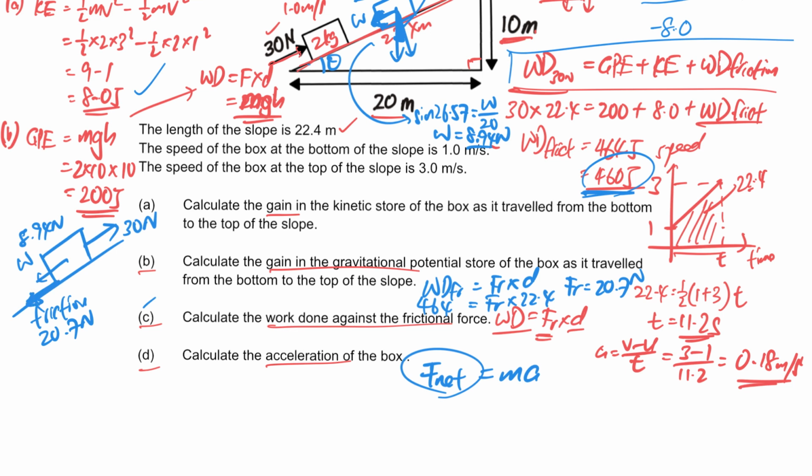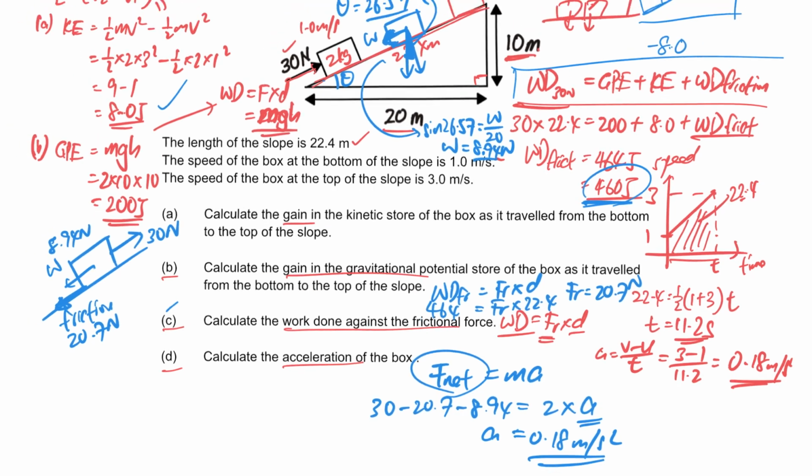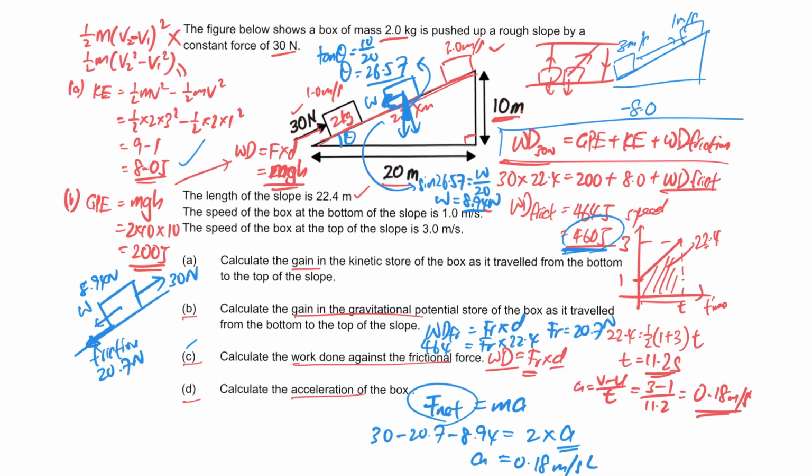So I will take 30 minus 20.7 friction and minus the weight component, 8.94, and that will be your mass, which is 2 kg, times a, the acceleration you want to find. Then you will get back the same answer, 0.18 meter per second squared. So that's another way of doing it, and of course it is definitely much more difficult.